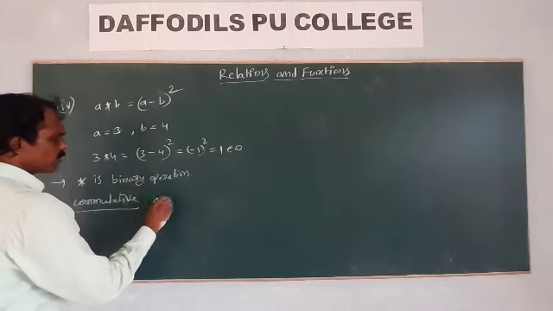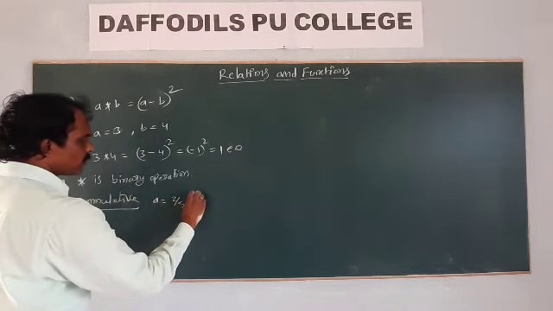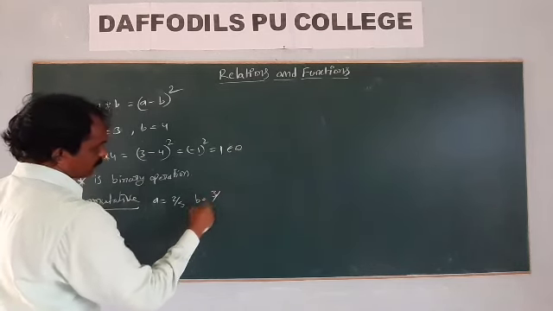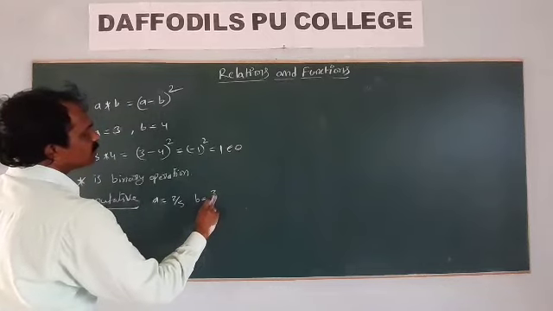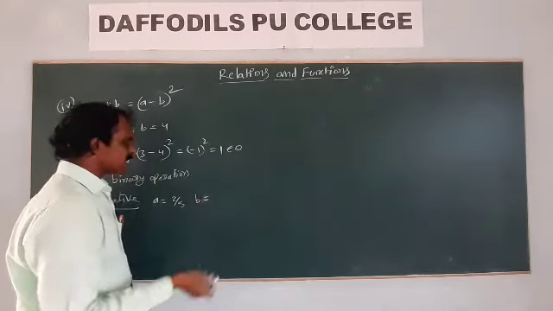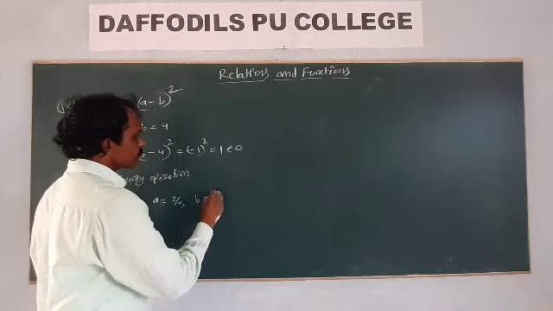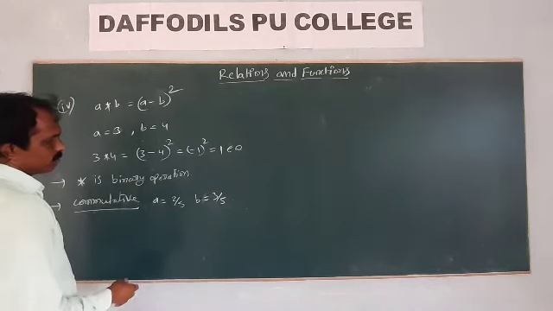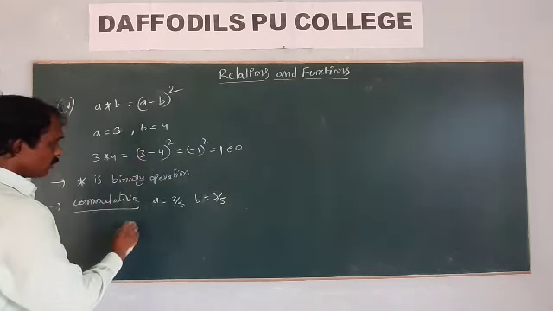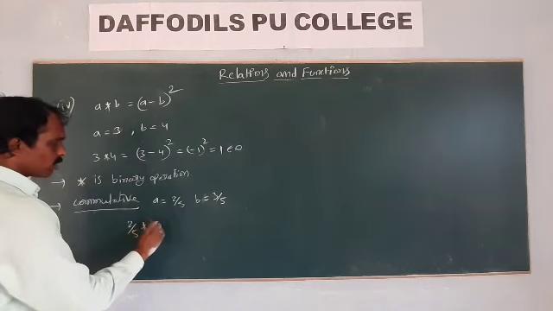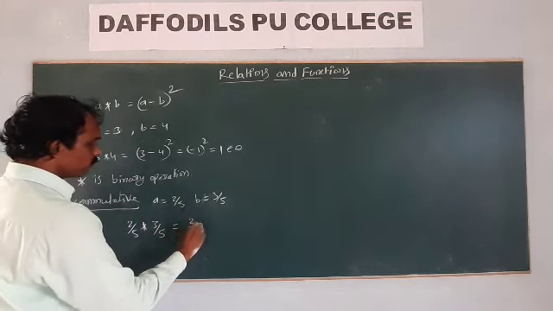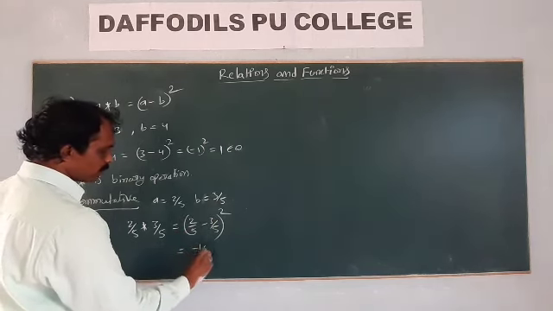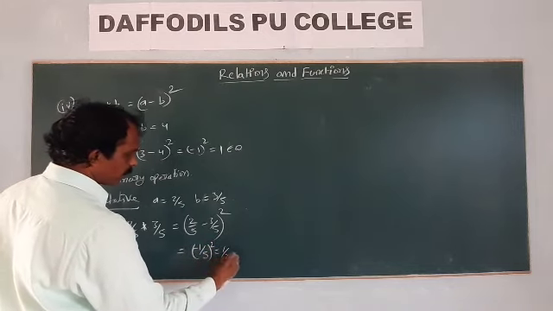Okay, one more example. A is equal to 2 by 5, B is equal to 3 by 5. What is star? 2 by 5 star 3 by 5 means 2 by 5 minus 3 by 5 whole square, that implies minus 1 by 5 whole square, 1 by 25.